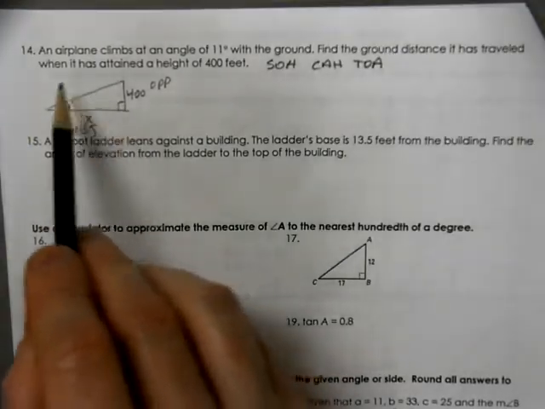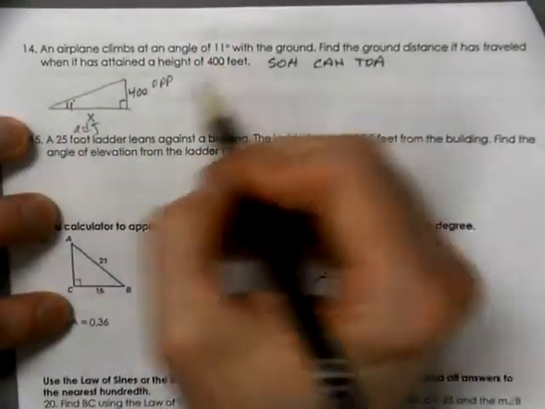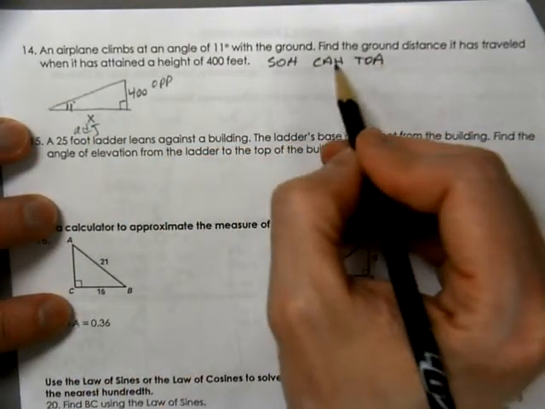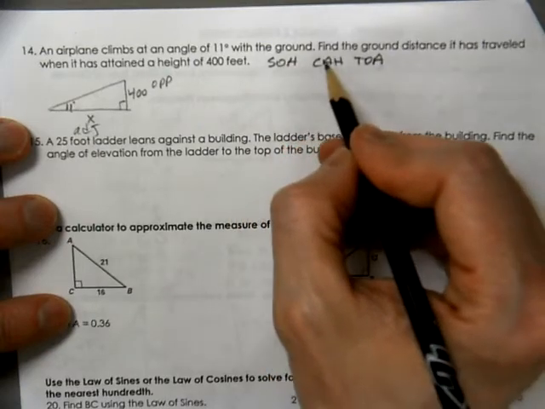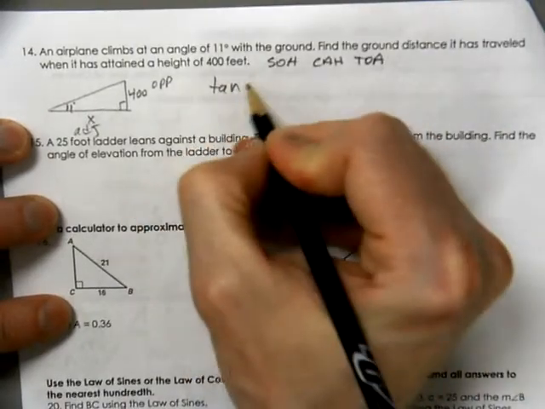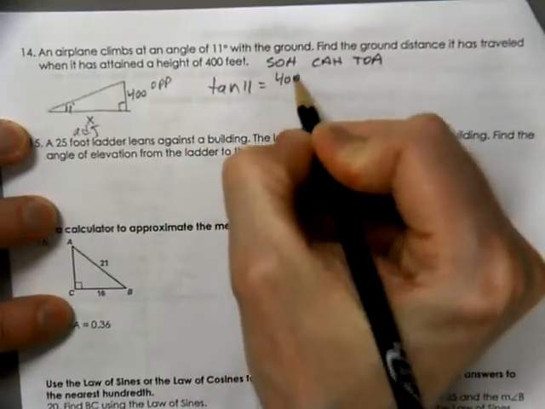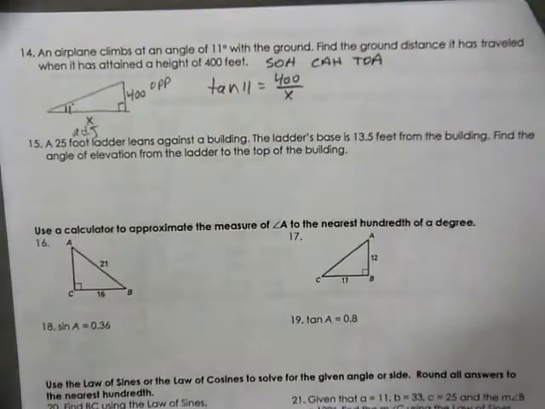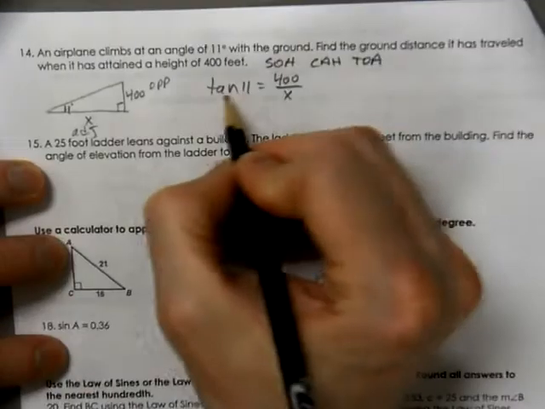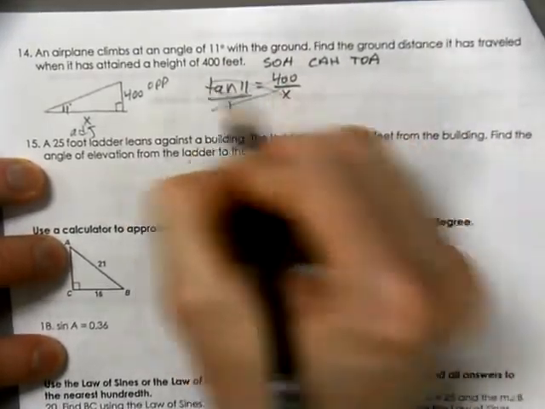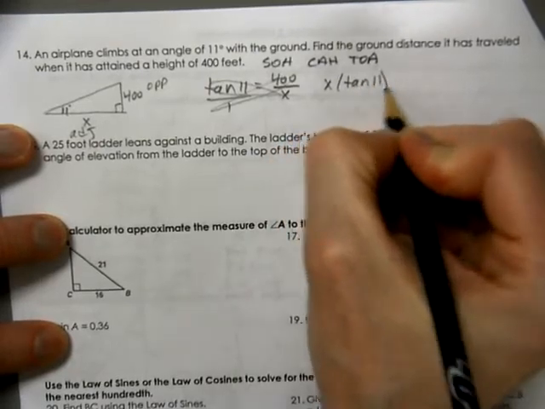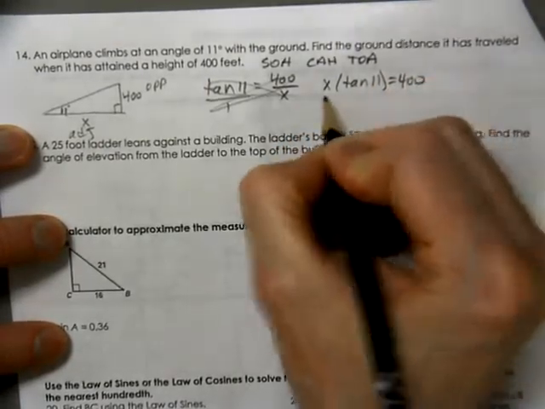Of course, the hypotenuse is across from the 90. We're only working with the opposite and adjacent, the O and the A. None of the others have an O and an A. So tangent of 11 equals the opposite over the adjacent. Because the x is on the bottom, some division is needed. We cross multiply to get x times the tangent of 11 equals 400.